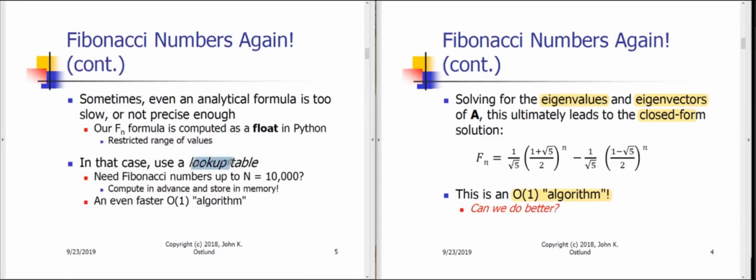Well, we could use what's called a lookup table. That is, if we need to compute Fibonacci numbers in some range of values over and over and over again as a routine part of some other algorithm that we're writing, then to save as much time as possible, we don't even want to have to perform this calculation for f sub n.